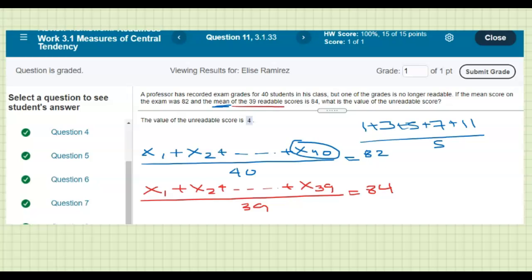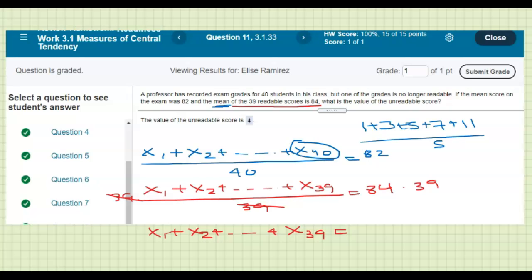If I take the mean of the 39 without the one that got smudged, I add up all the 39 and divide by 39, I get 84. So from this equation, if I multiply this by 39, I can cancel out that denominator, then I'm going to get that x1 plus x2 plus up to x39 gives me 84 times 39.